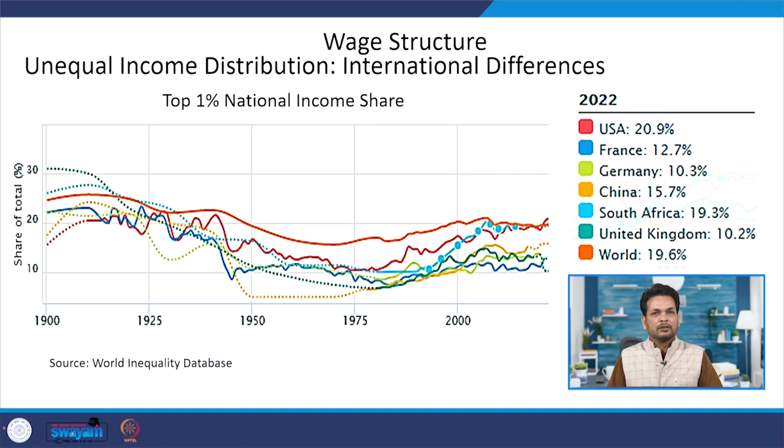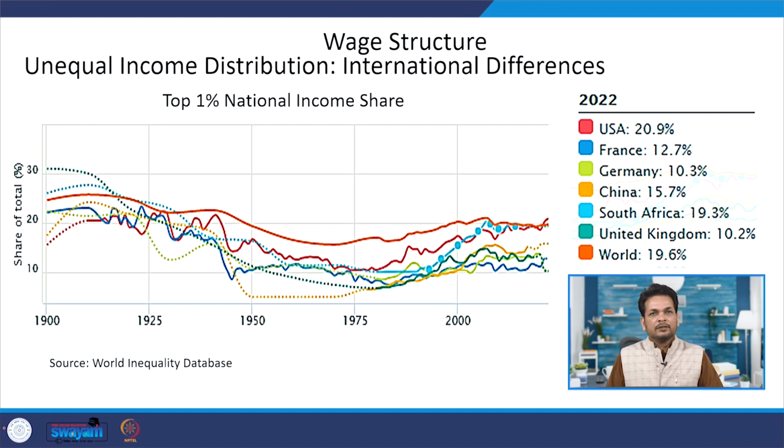If you look at the data, the top 1% of the individuals aged over 20 earn 19.6% of national income at the world level. This is the data which we have collected from the World Inequality Database. You can see it is a long database from 1900 to 2022, which means over 100 years.